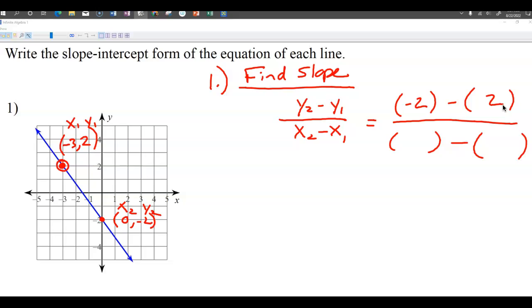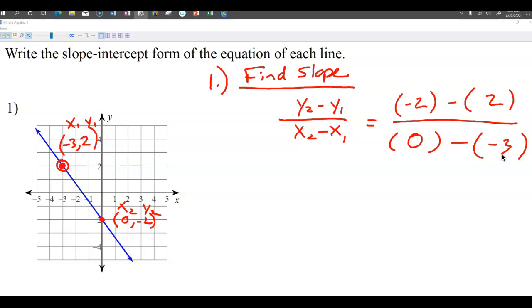Denise, what will go here? I'm sorry, my bad. 0. Okay. And Amaya, what will go here?